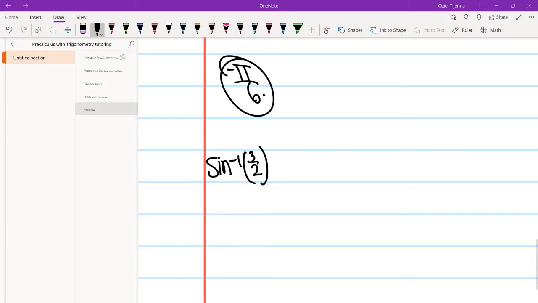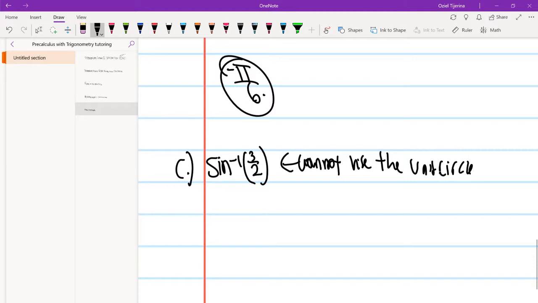We cannot use the unit circle to solve this one.